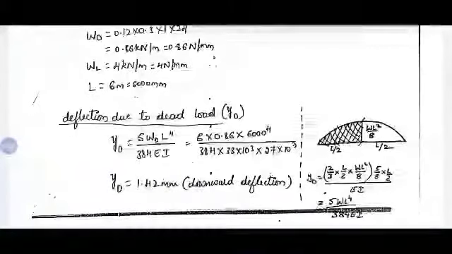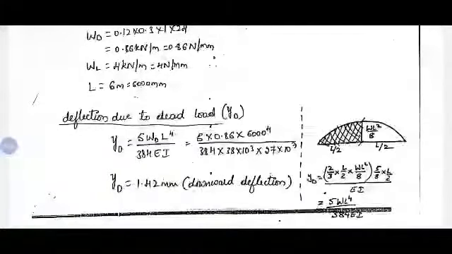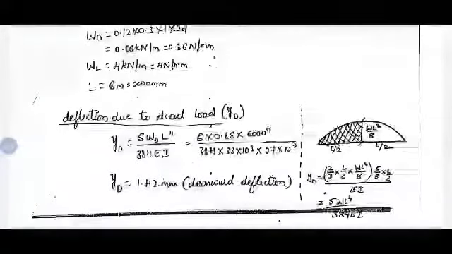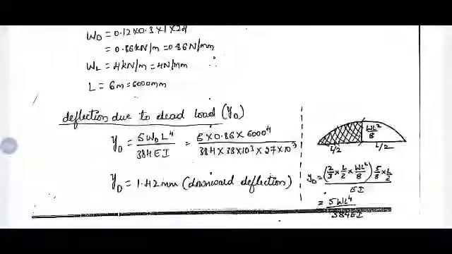We know dead load will be in the form of UDL. If you draw the bending moment diagram, it is shown here. It will be in the shape of a parabola with maximum bending moment at midspan of WL square by 8.